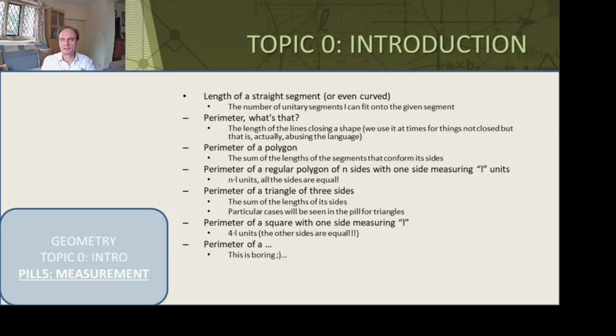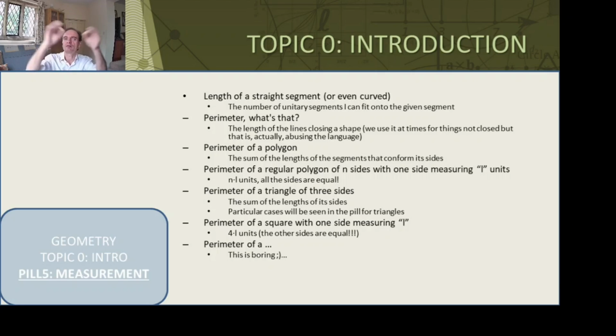So let's not digress too much. We have digressed enough, I think, with Vitruvian and speaking about units. So we know what the length of a line is: the number of unitary segments, or parts thereof, I can fit and put one after the other on a given line. So with that idea in mind, we have to define what perimeter is, because we hear about lengths and we hear at times about perimeters.